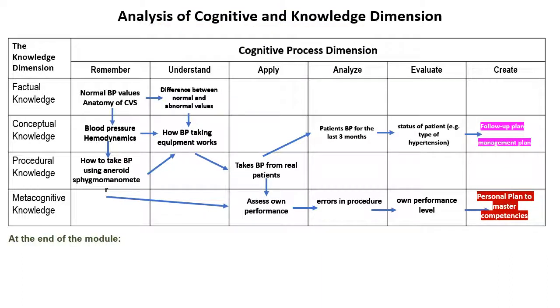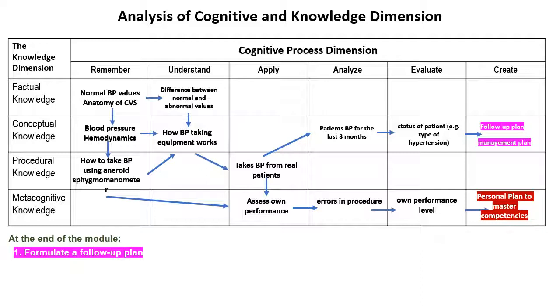Now to the statement of outcomes. As I said, in the statement of outcome, you just need to add a verb or the verbs appropriate for the particular dimension. Let's say from the create, we bring down the follow-up plan.